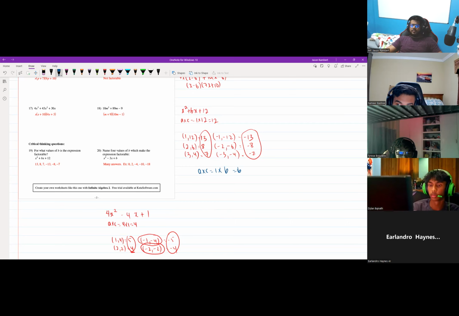So I am looking for pairs of factors that could add to give me minus 3. Yeah? Because that's all we are looking for, things that could add to give me minus 3. Correct? So what can add to give me minus 3 here?